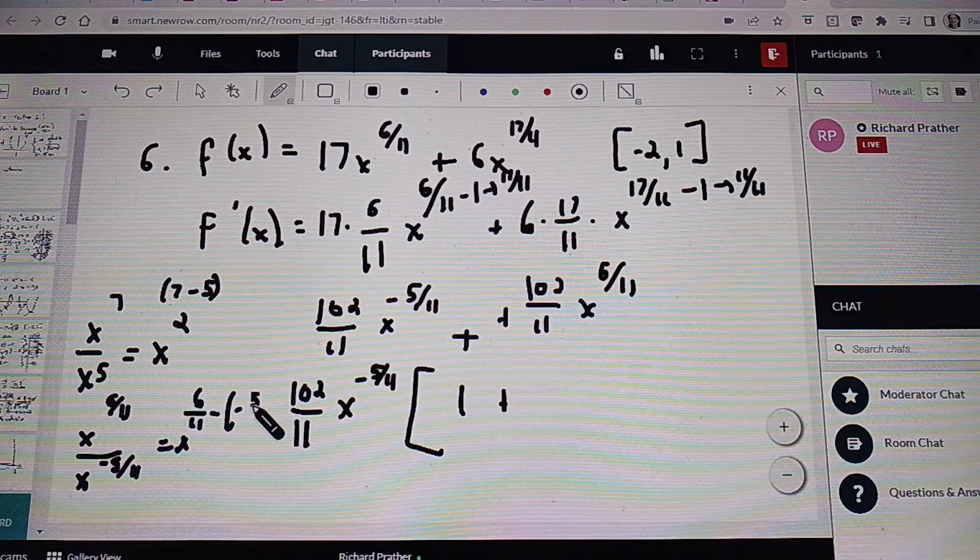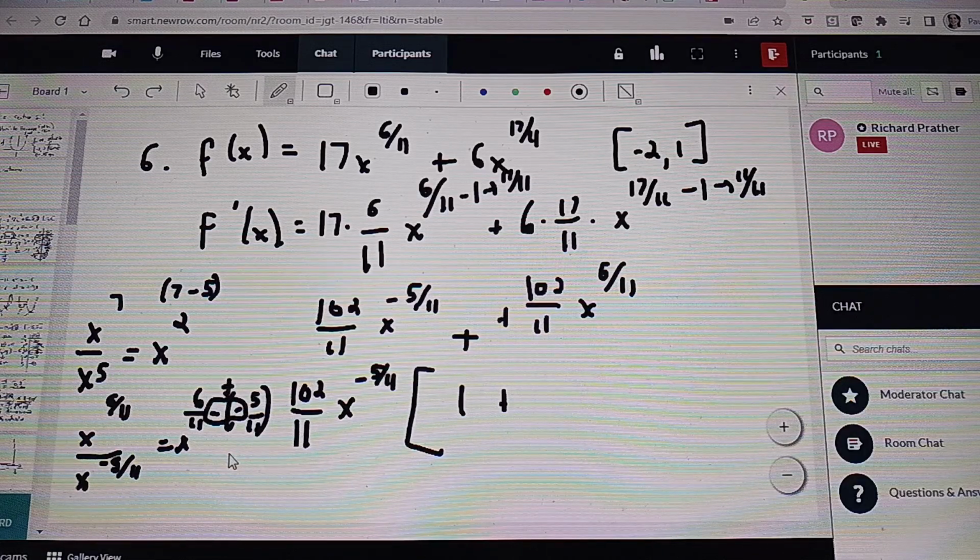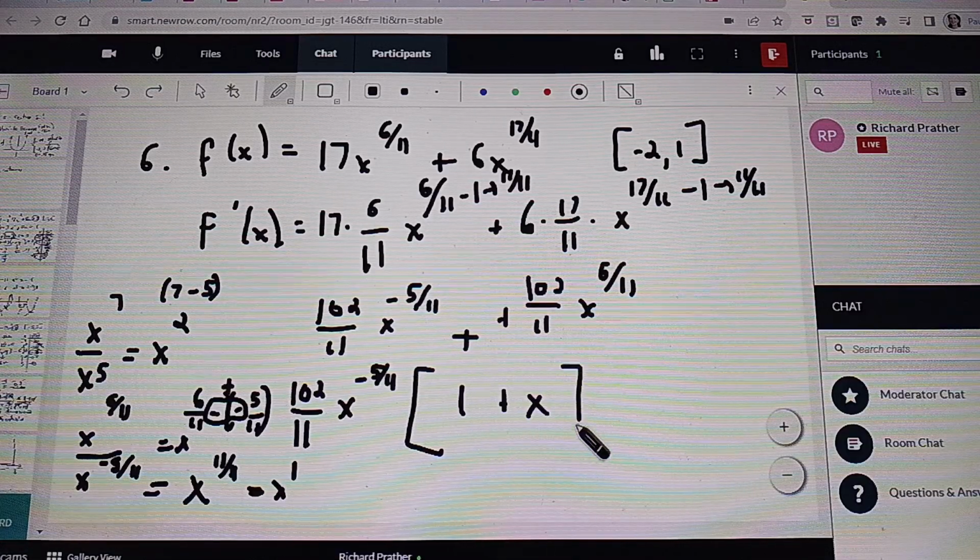It can be minus 5/11 or minus negative 5/11. It could be either one. This is minus a negative, that's plus. 6/11 plus 5/11 is 11/11, which is 1. In other words, just x. That helps to just have an x here instead of having a messy radical.